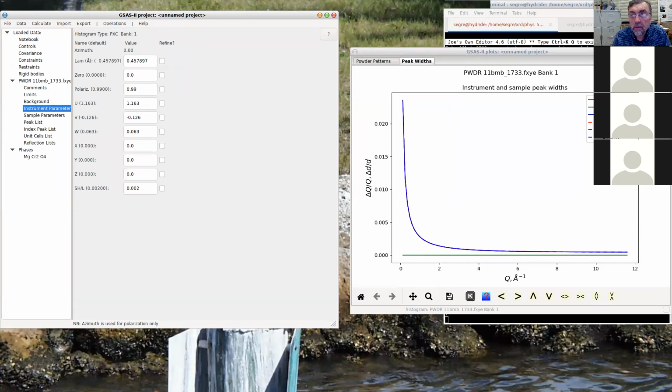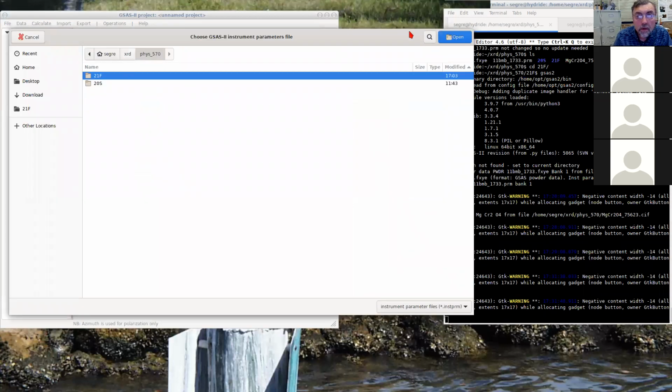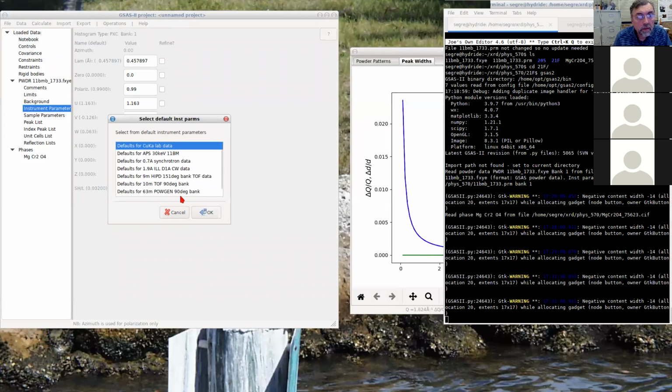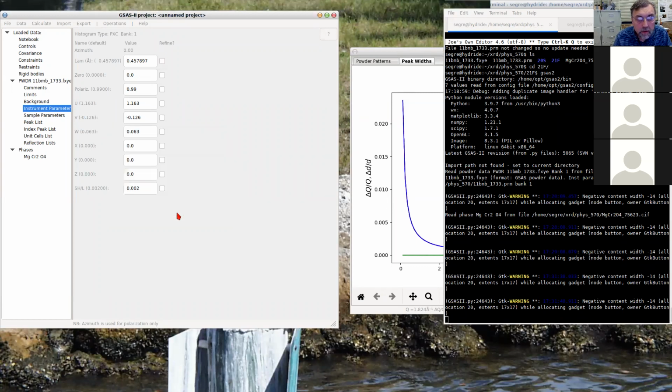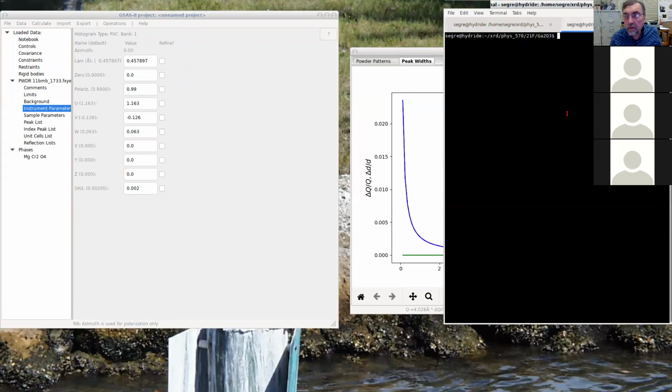Let me change the name of this file, see if I can do that, and see if it picks it up.